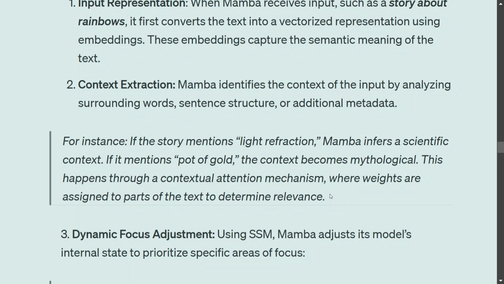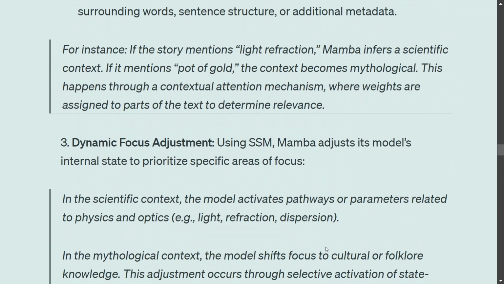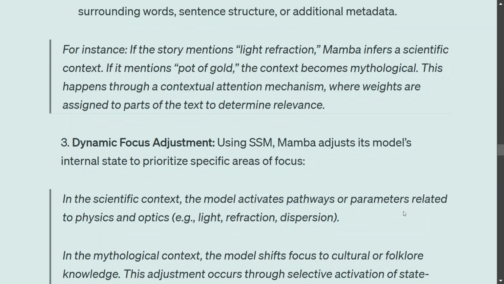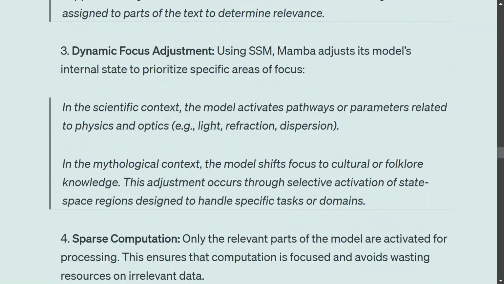I think we won't be jumping into a lot of mathematics, but just try to understand what selective focus means. Dynamic focus adjustment: using SSM, Mamba adjusts its model's internal state to prioritize specific areas of focus. In a scientific context, the model activates parameters related to physics. In a mythological context, the parameters related to mythology or history might get activated, right?